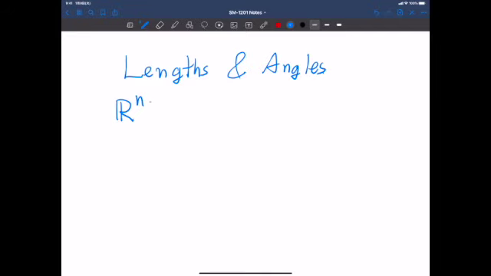Then let us define the modulus or length of a vector. Let's say x is a row vector.